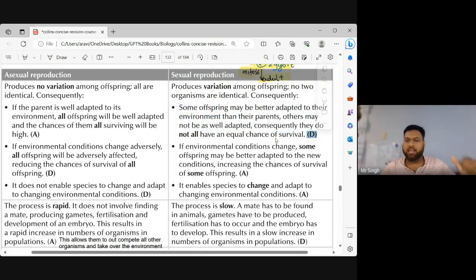So with any environment, some organisms die because they may not be well adapted, whereas some organisms thrive and do very well because they may be much more well adapted. Right?